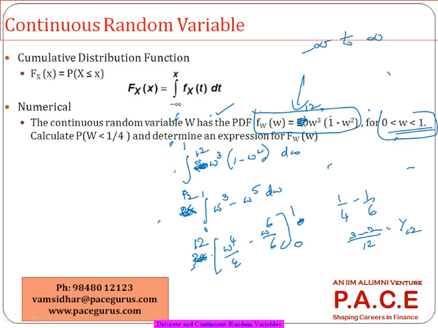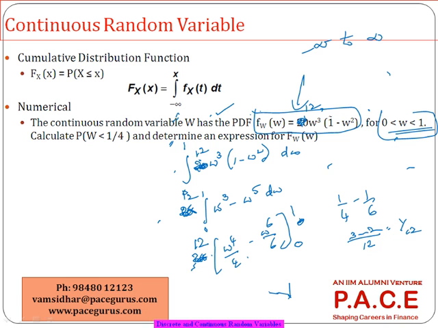So what is happening? 12 into 1 by 12. The sum of all the probabilities is actually coming out to 1. Then you can say that this is a probability distribution function, because the main rule for a probability distribution function is that the sum of all the probabilities should be equal to 1. In case of continuous, instead of the word sum, we say integration of all possible probabilities.